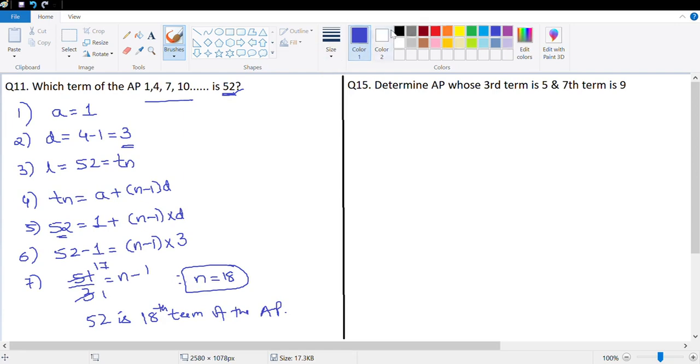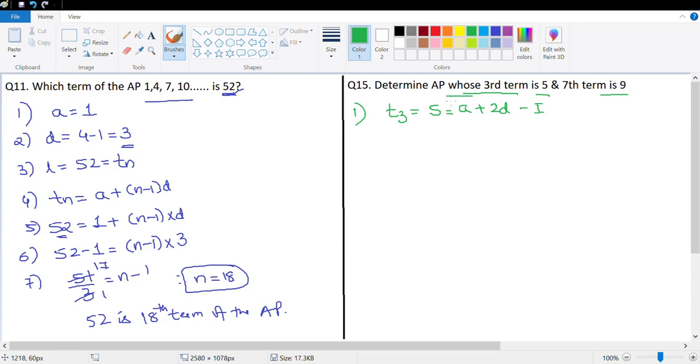Good. Let's look at the next question, which is question number 15. Determine AP whose third term is 5 and seventh term is 9. Okay, so T3 is given equal to 5, and by the formula Tn is equal to A plus n minus 1 D, I know this would be equal to A plus 2D. That's the first equation I have.